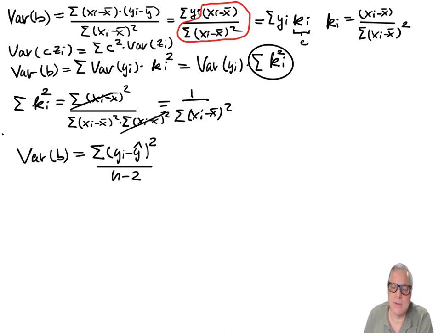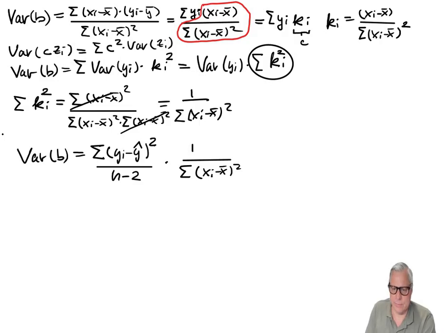That's the variance of the regression, times 1 over the sum of all the xi minus x bar squared.